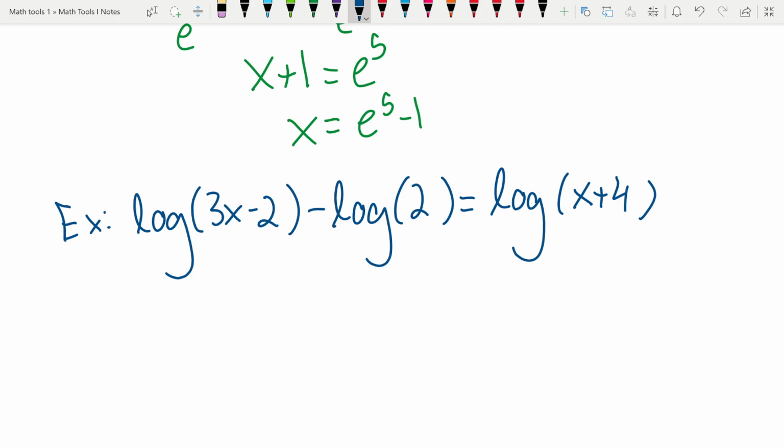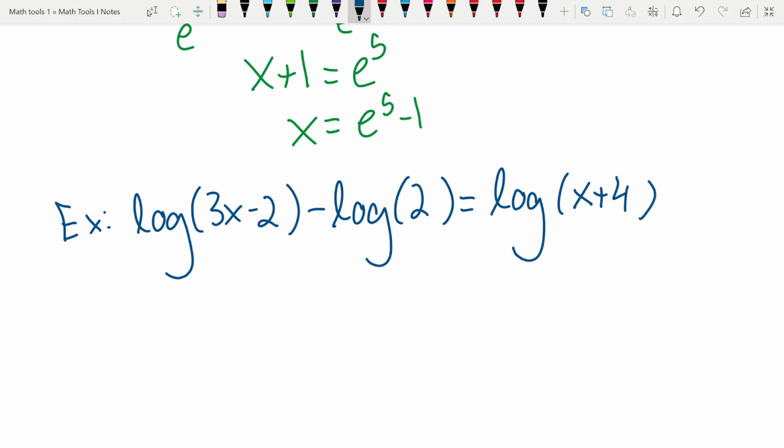So let's go ahead and look at how we would solve this. First of all, everything has a log. We could try exponentiating or something like that, but we would get stuck because of the minus on the left-hand side.